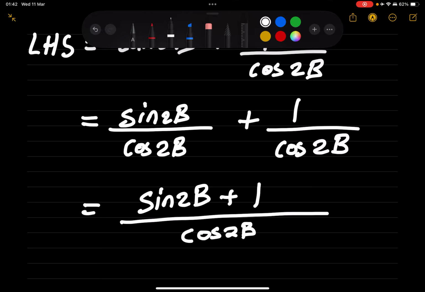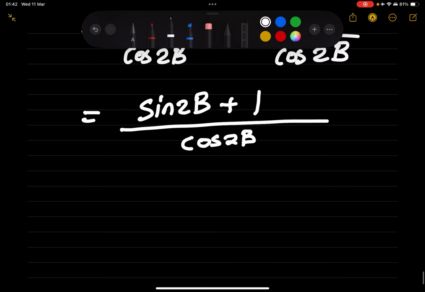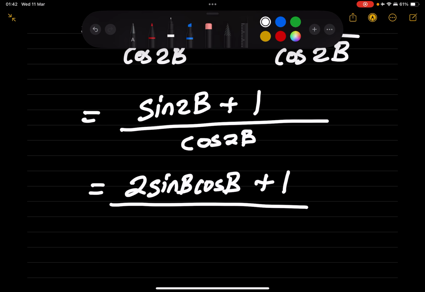And then step 3, we know that sine 2b can be written as 2 sine b cos b. It's a special angle. Plus 1, all over cos 2b.